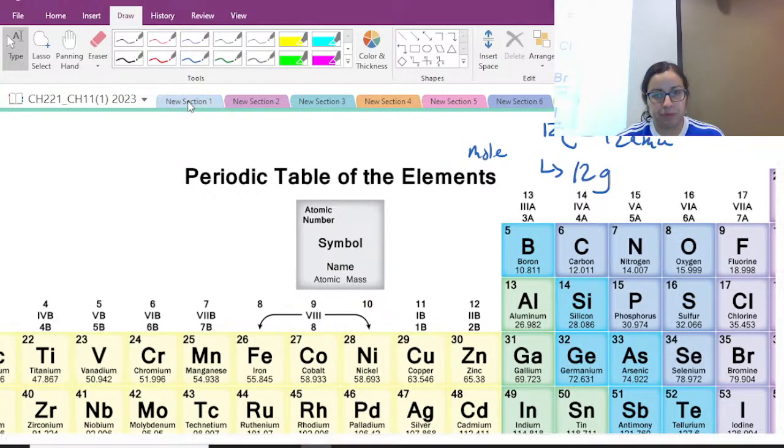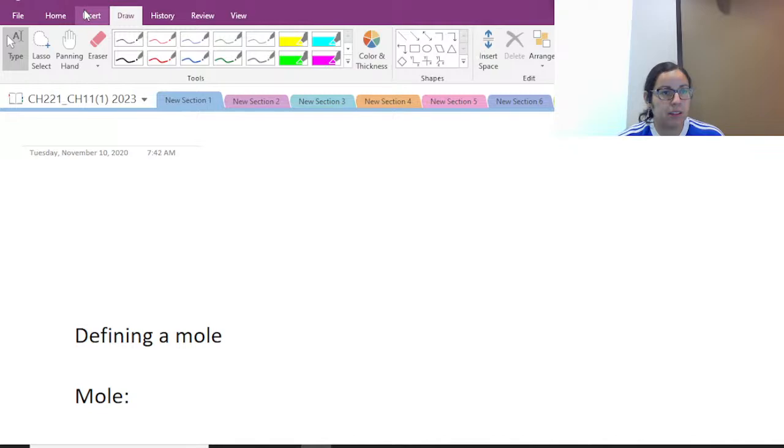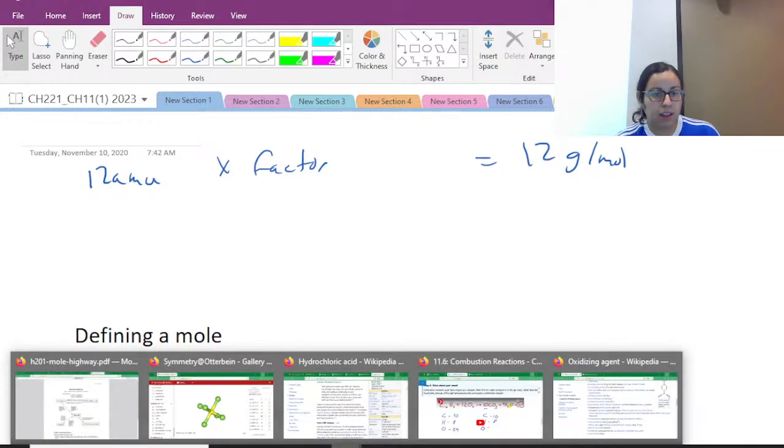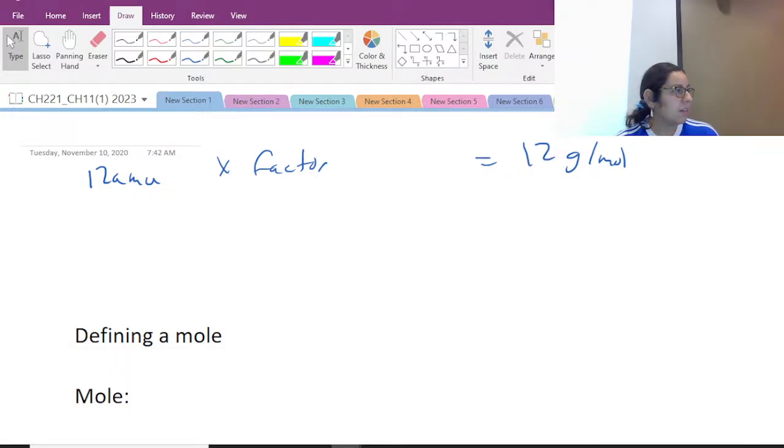And so now we can do a very small, at least, derivation. Well, I want 12 AMU times some factor to give me 12 grams per mole. And so let's look up what an AMU is.